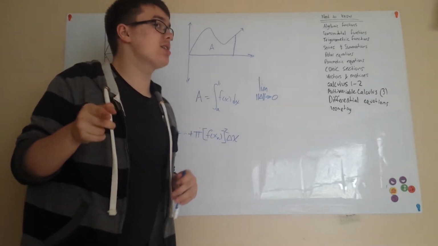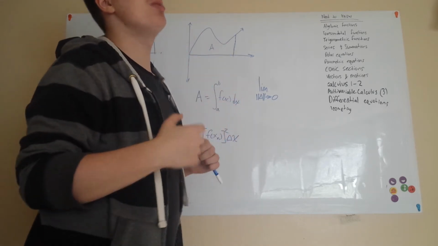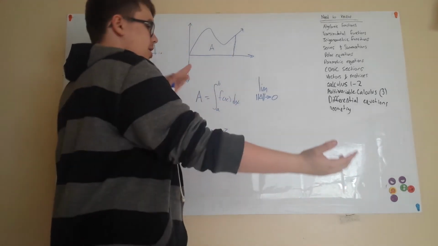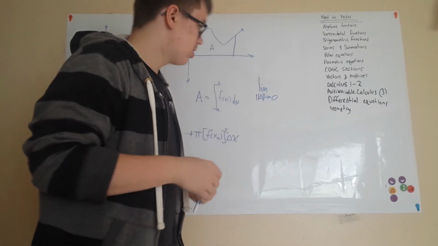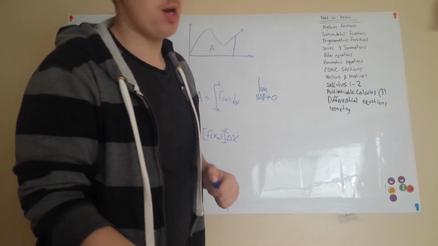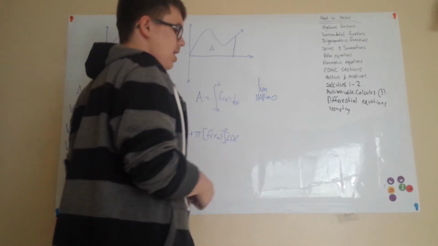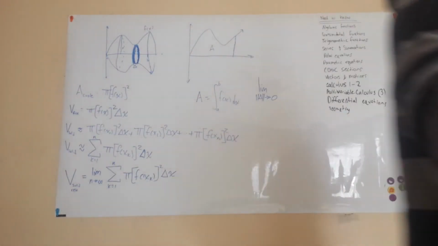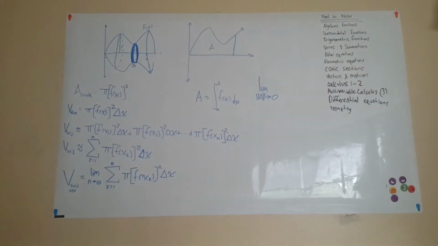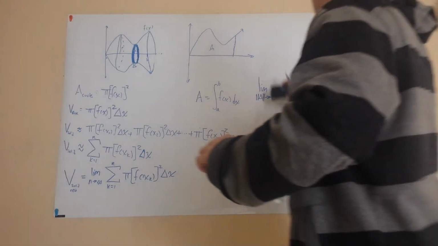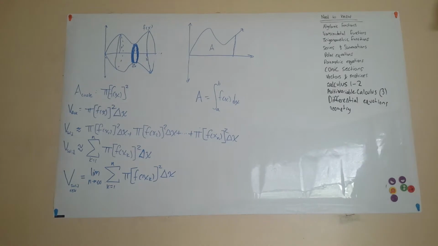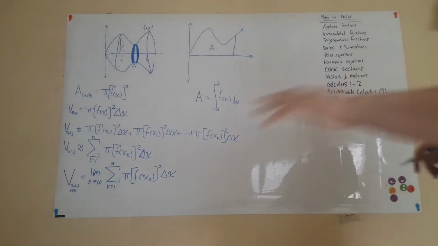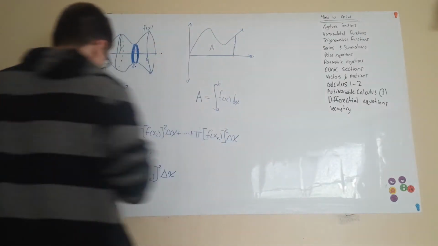Because it's the biggest rectangle, all the other ones have to be smaller. So all the rectangles get smushed down, which means there are infinitely many rectangles to fit in that space. It's kind of saying the same thing, but in a more general way because we can have different widths. But this is our volume.